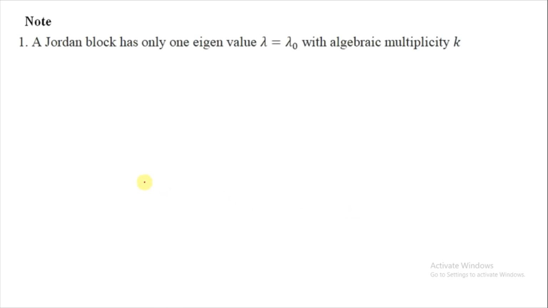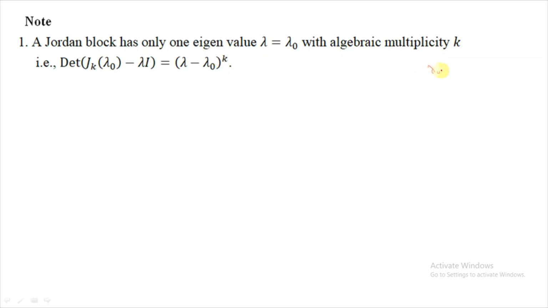Now note, suppose a Jordan block has only one eigenvalue, lambda equal to lambda naught. For that eigenvalue, the algebraic multiplicity is k, that means the determinant of J_k minus lambda I is (lambda minus lambda naught) to the power k.